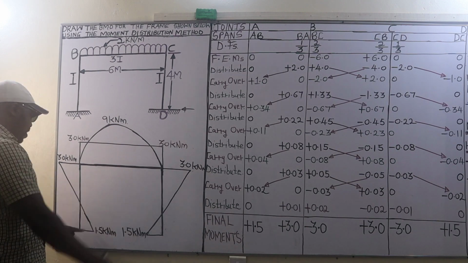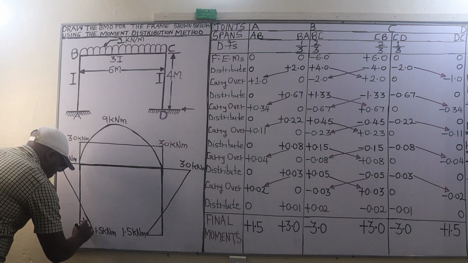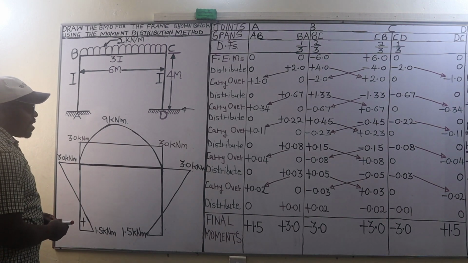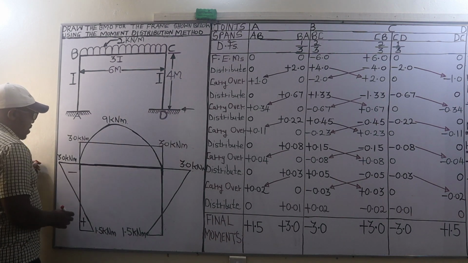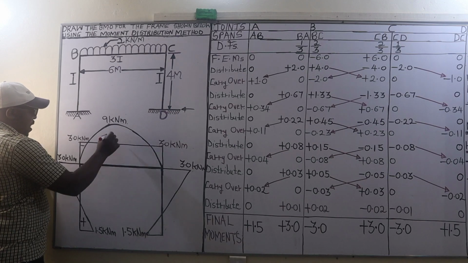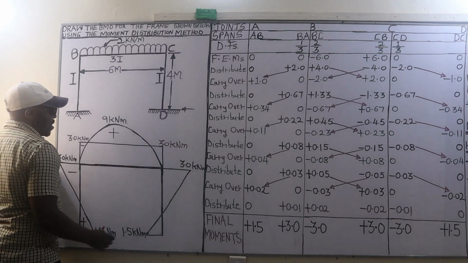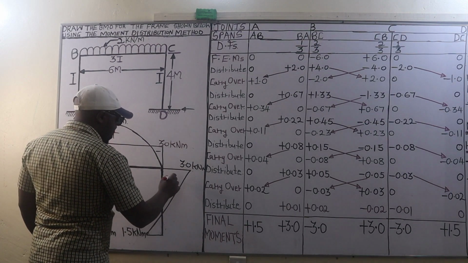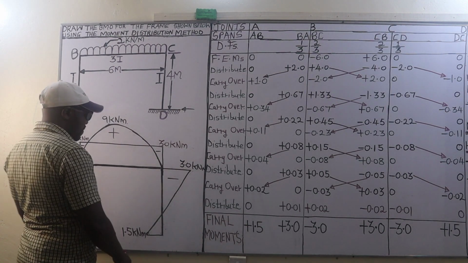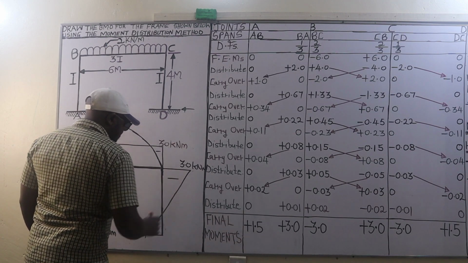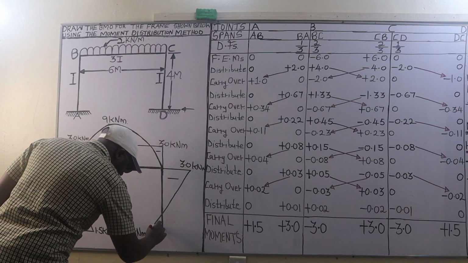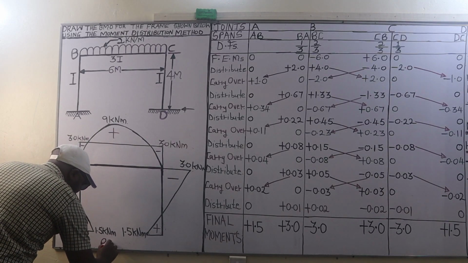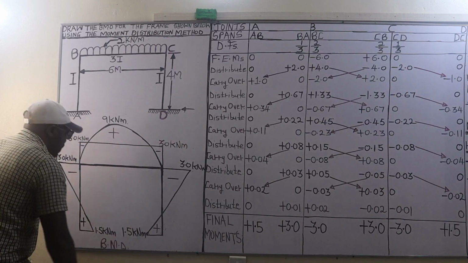It is positive, so this is a positive moment. 3.0 kilonewton meters, that is a negative moment. This one is negative, that one is positive, and then this one is negative. This one is negative, and this is a positive moment. So this is now what we call the BMD for such a portal frame.